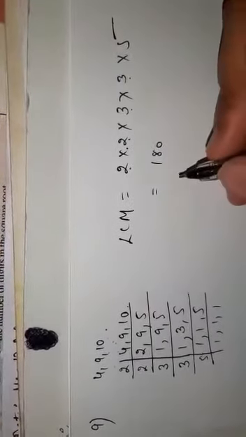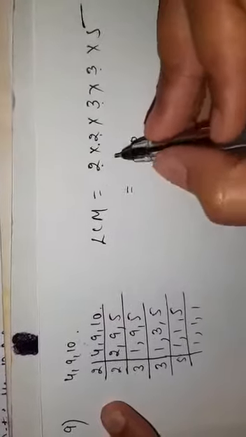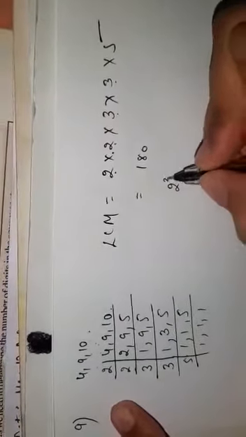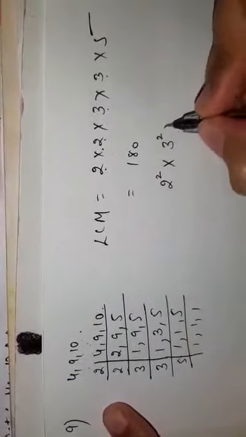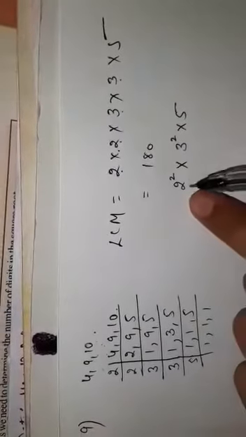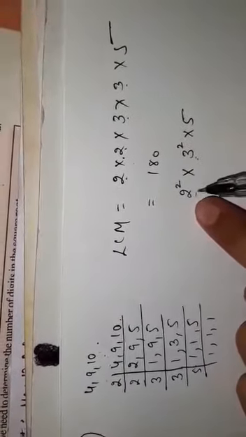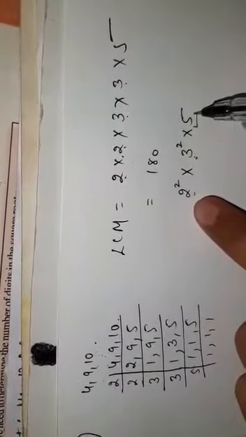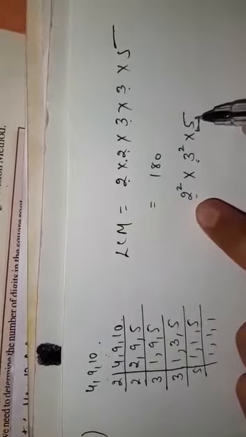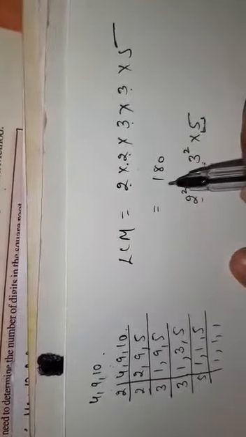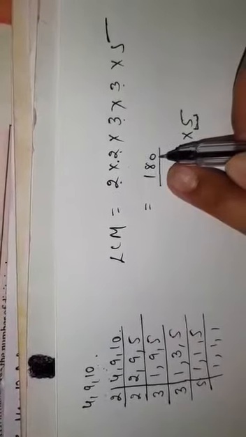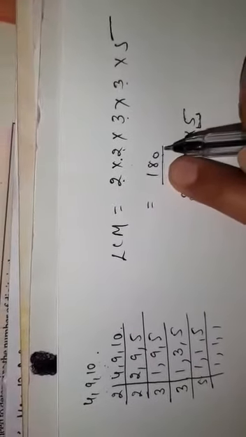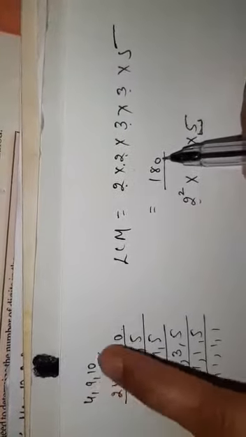180. Now see, the LCM is in the form 2 square into 3 square into 5, means 2 of the numbers are in the form of a perfect square, but there is one number which doesn't make any pair. 180 is the least number which is divisible by all these 3 numbers, but it is not a perfect square.